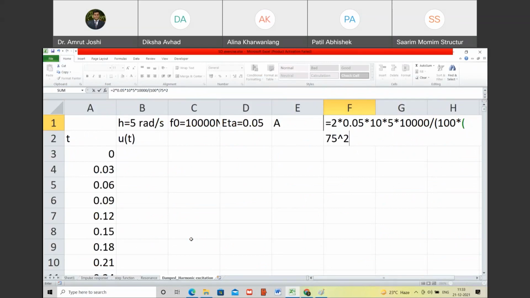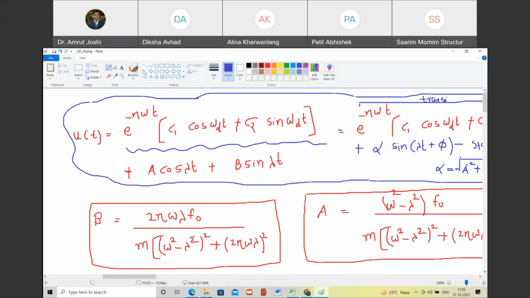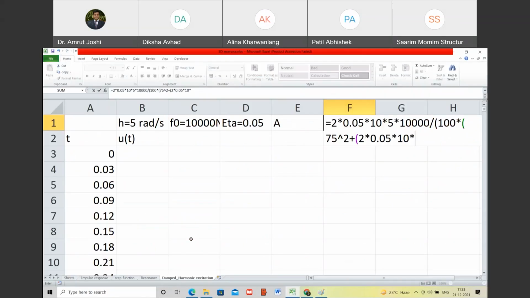Okay. Then plus 2 eta omega. So I will plus 2 into 0.05 into omega into 2 eta omega lambda into 5, the whole bracket square. Happy? And then one bracket complete.